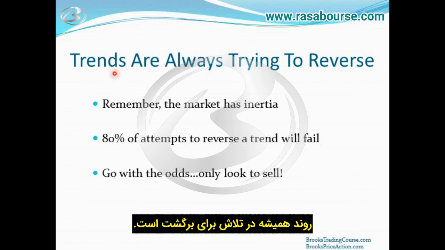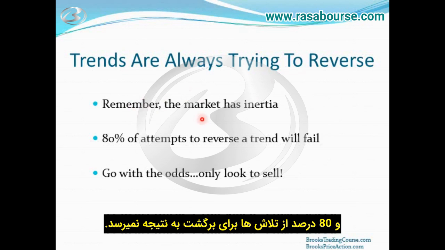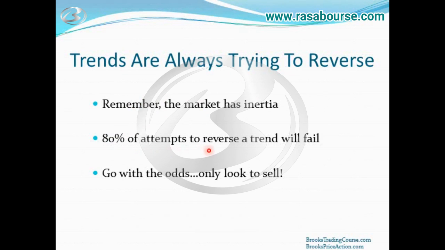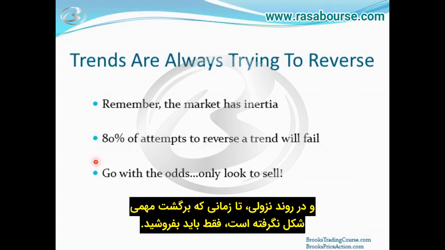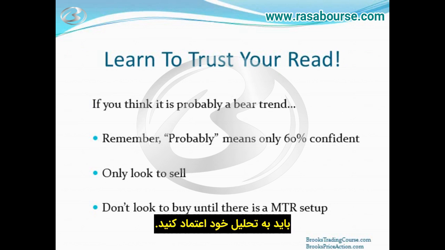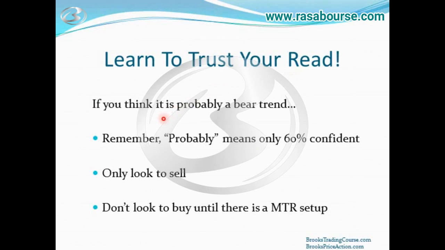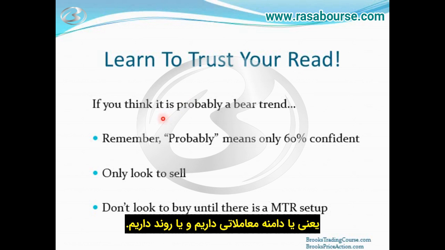Trends are always trying to reverse, but you got to remember the market has inertia. 80% of the reversal attempts will fail. So you got to go with the odds. And in a bear trend, you should be only looking to sell until there's a significant reversal in place. You have to trust your read. If you look at the chart and you say, okay, I know the market cycle, trend or trading range, is a trend.